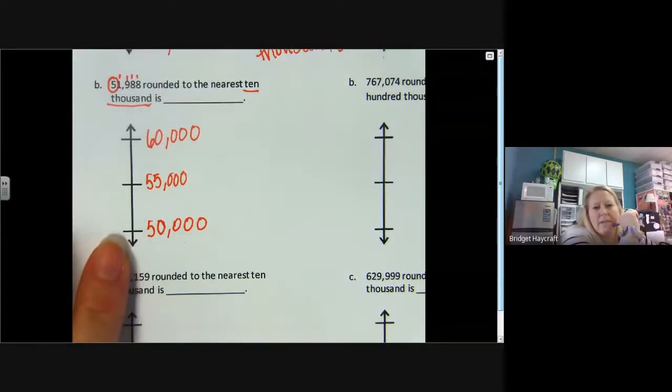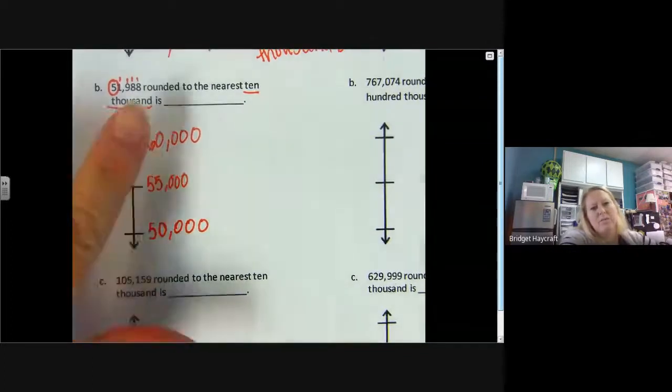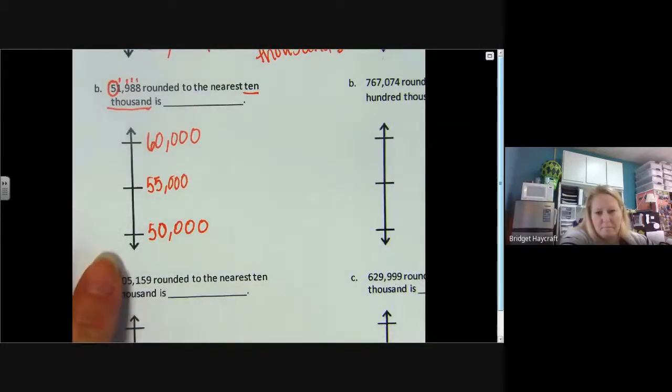So I've got this. What's the next thing that I need to do? Because I've got my vertical number line and I've got my 10,000s, one more 10,000s and my midpoint. What's the next thing I need to do, Elizabeth? I think she's typing in chat instead of speaking.